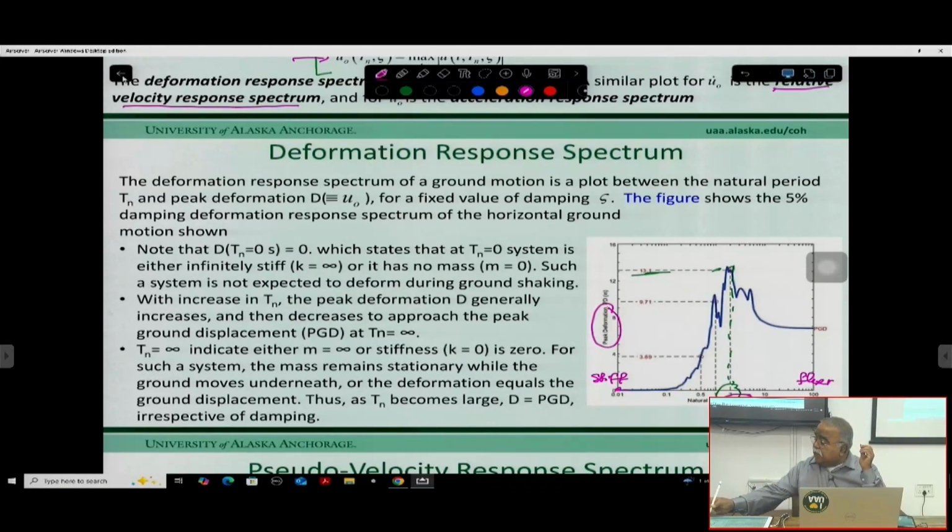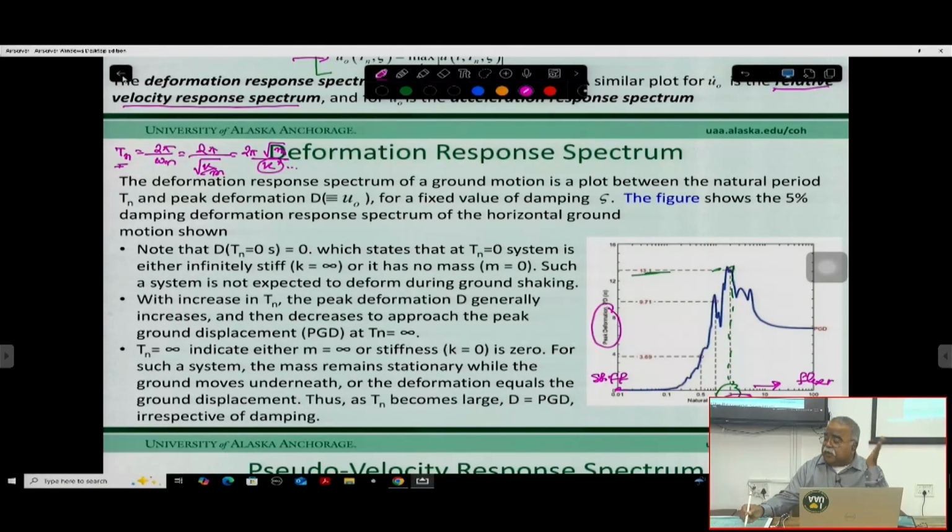And if Tn is going towards this side, so that means Tn is more, then Tn is equal to 2 pi by omega n. Omega n is equal to root over of k by m. So that means Tn will be 2 pi root over m by k, right? So Tn is large, or Tn is infinity, means m is infinity.